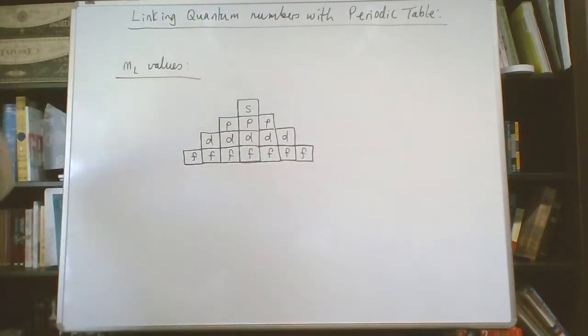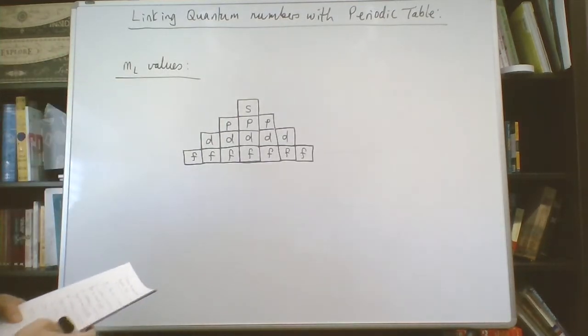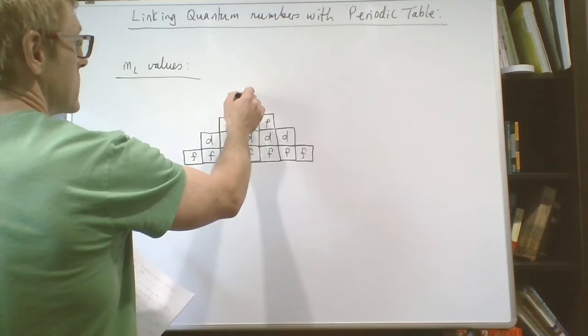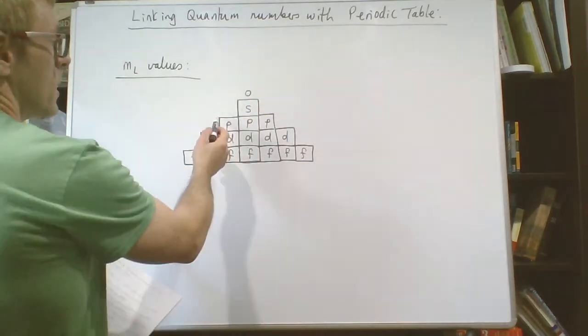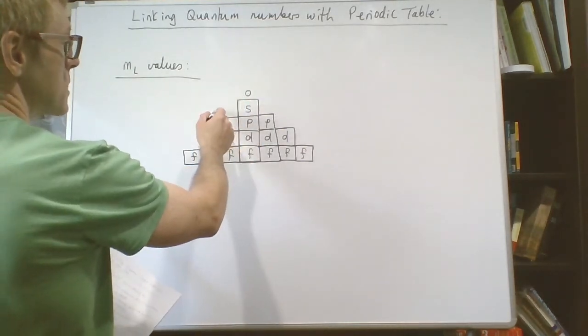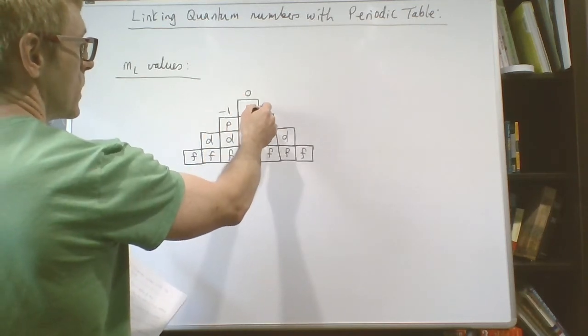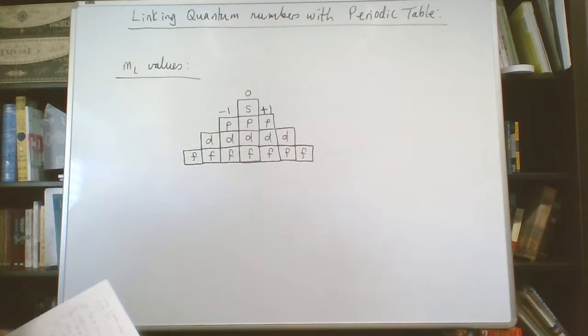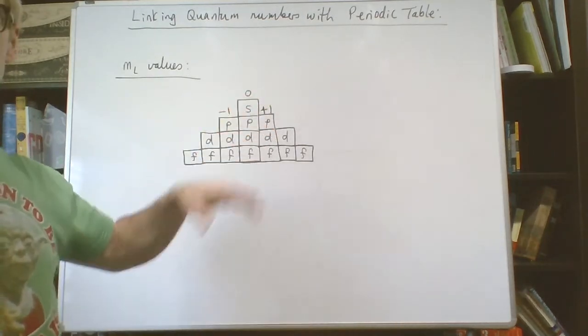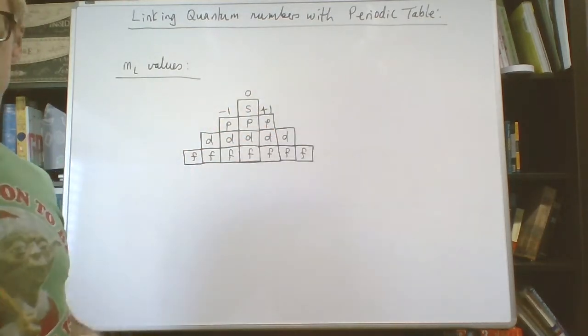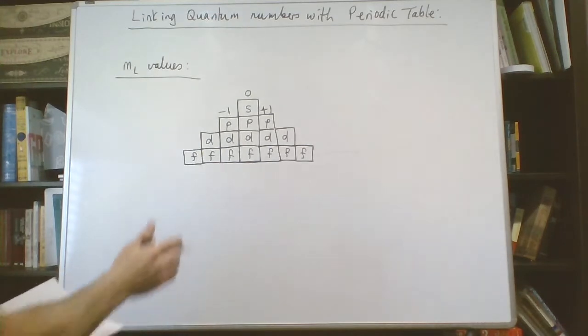And now we're going to superimpose onto this pyramid the actual ml values. S has a value of 0. There are 3 p values. They range from +1, 0, and -1. It doesn't really matter if you put the plus or the minus on either side. I'll try and be consistent with my presentation though.